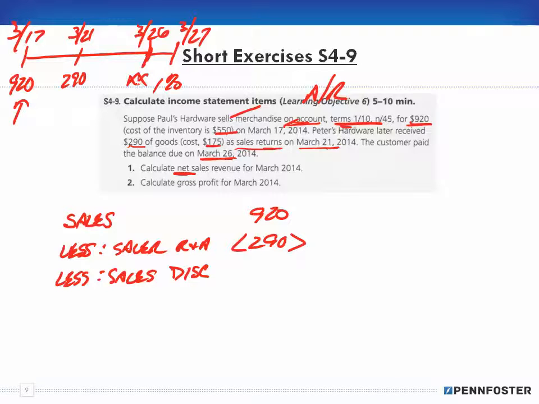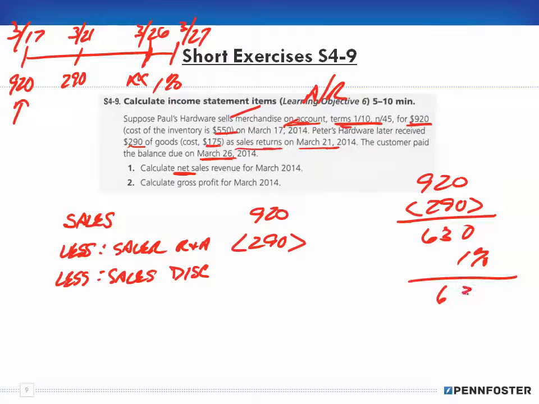For the sales discount, we're going to take 1% of the sale, but how much was actually sold? Well, $920 was the original sale, but then $290 was returned. So that ends up being $630. Because the $290 was returned, we take 1% of the $630, so we get $6.30.